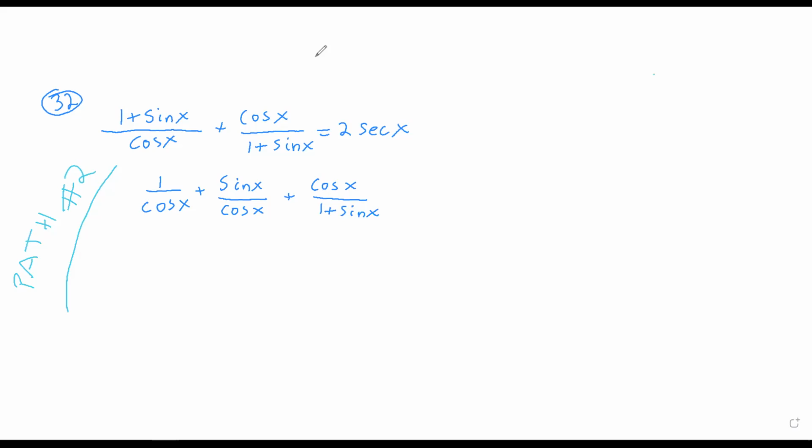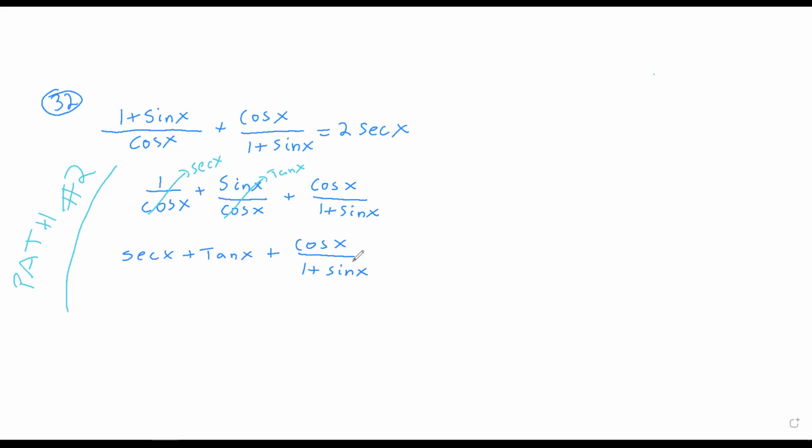So here what's going to happen is that this is going to be secant, and this is going to be tangent. So now we're left with secant of x plus tangent of x plus cosine of x divided by 1 plus sine of x.